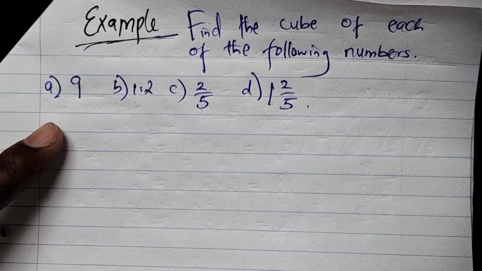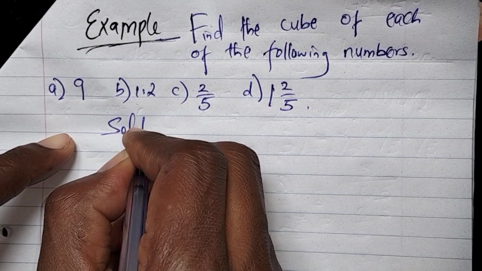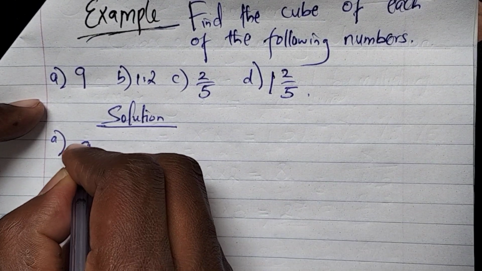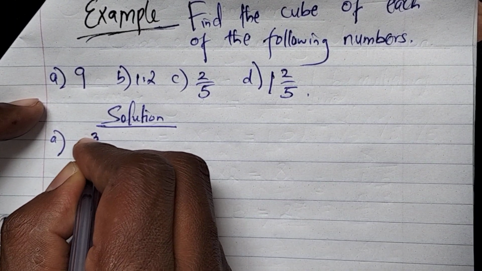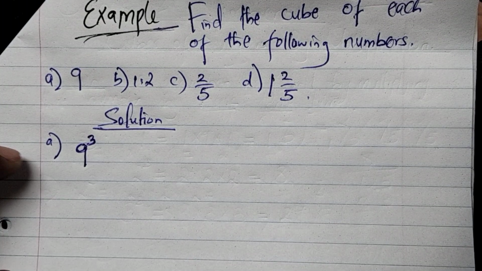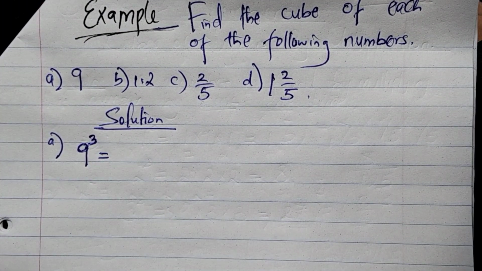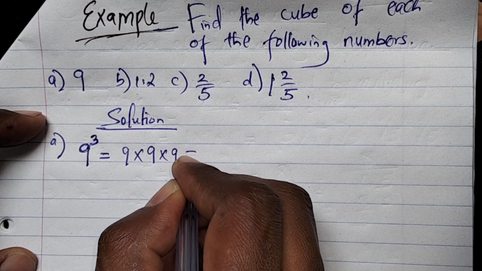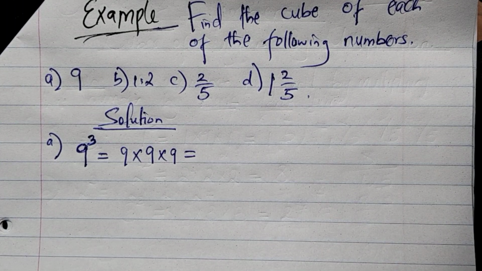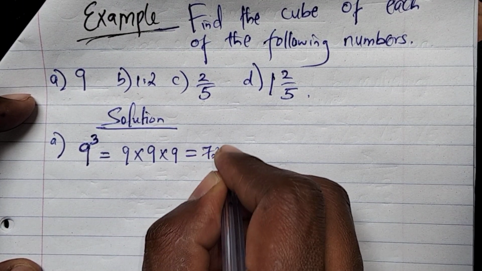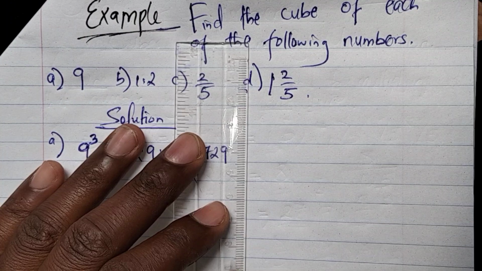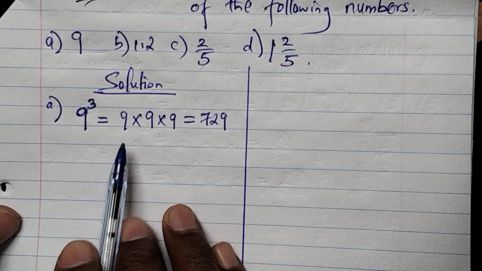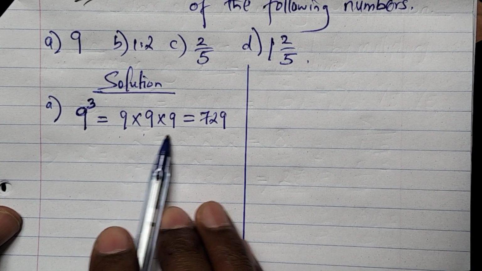So we write solution. We start with A. Remember, the cube is denoted by power 3 or superscript 3. 9 cubed is the same as 9 times 9 times 9, which is equivalent to 729, because 9 times 9 is 81, and 81 times 9 is 729.